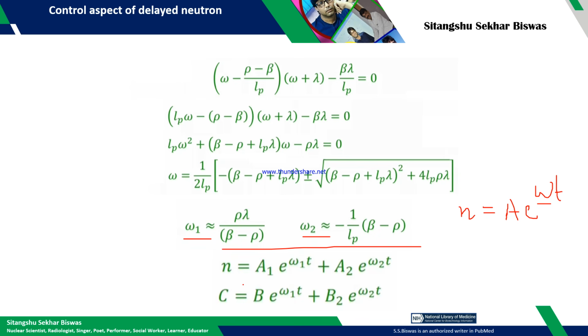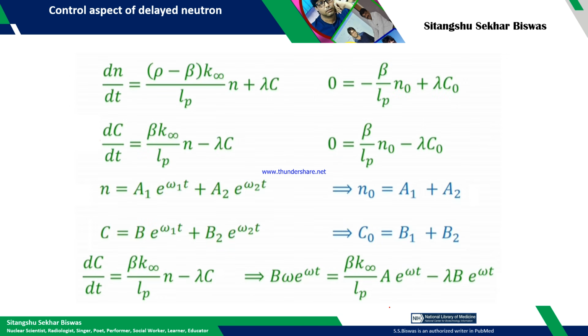So now I can modify that equation, the instantaneous equation of n, as A1 e to the power omega 1 t plus A2 e to the power omega 2 t. And similarly, the delayed neutron precursors concentration can also be written in this form.